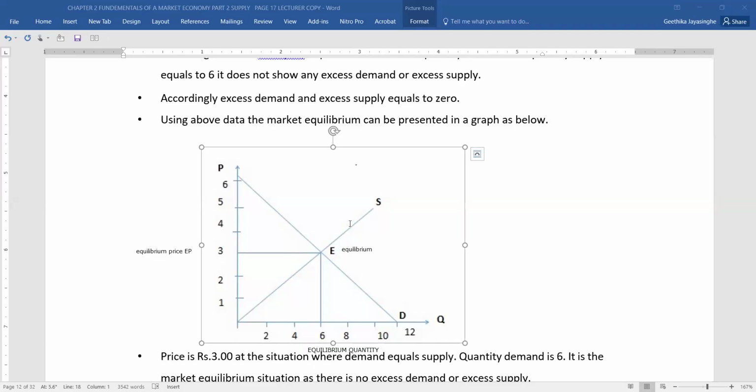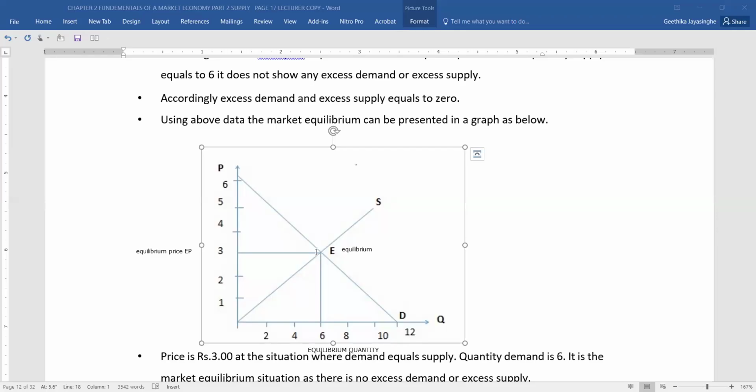How is the progress? Are you done with doing the scale? Hopefully. I think you have marked it. At a price of 3, your QS and QD both are resting at 6. The point where QS equals QD can be termed the equilibrium.